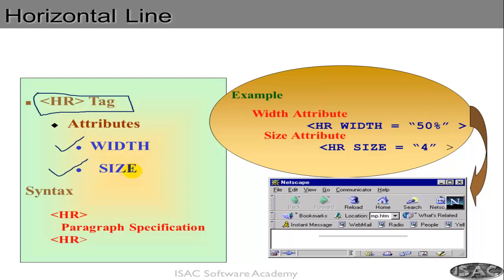thickness of the line. So if I say 50%, it means it will draw 50% of your complete web page. You can also say how many pixels. But if you say 50%, then it will draw 50% of the whole page width.